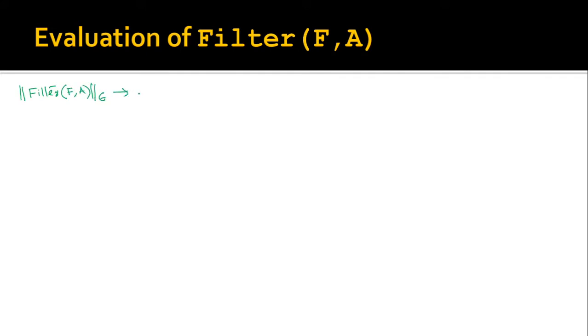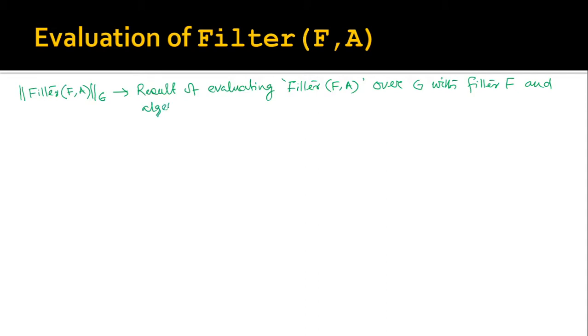This is the result of evaluating this filter f over t, with filter f and algebra object a. Now, the outcome would be a multiset.